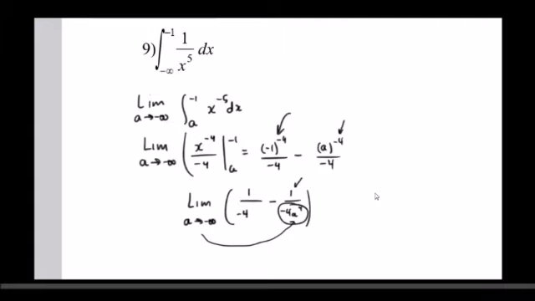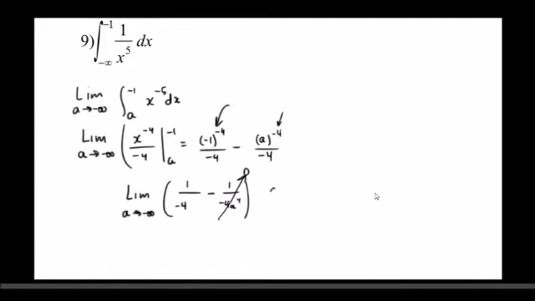So like 1/10, 1/100th, 1/1000th, 1/1,000,000th, 1/1,000,000,000th, those fractions are just getting smaller and smaller. So what happens as that continues indefinitely is this fraction becomes 0. And then we've got something that we can evaluate. We've got negative 1/4 minus 0, which is negative 1/4. So this converges to negative 1/4.